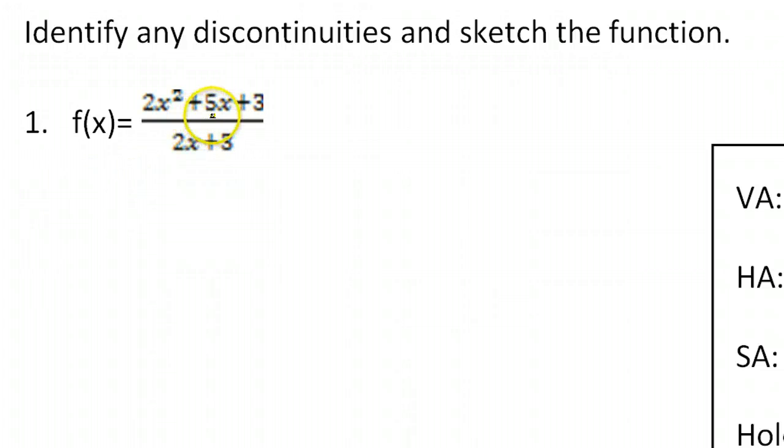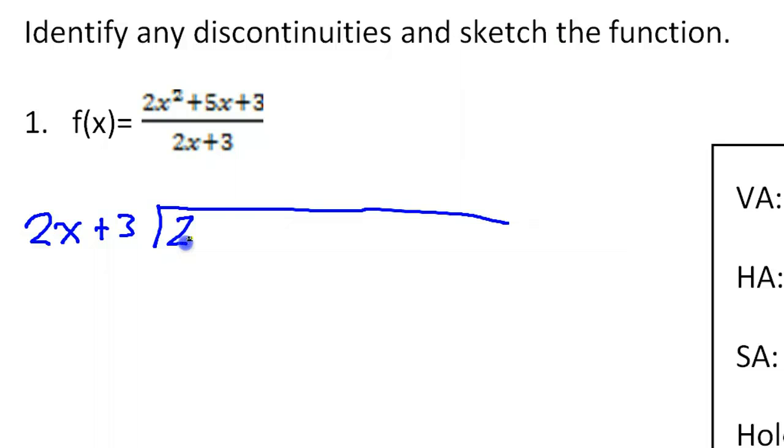The way you find the slant asymptote is by dividing. So long division is the way to go on this one. So let's do it. We're dividing 2x squared plus 5x plus 3 by 2x plus 3.